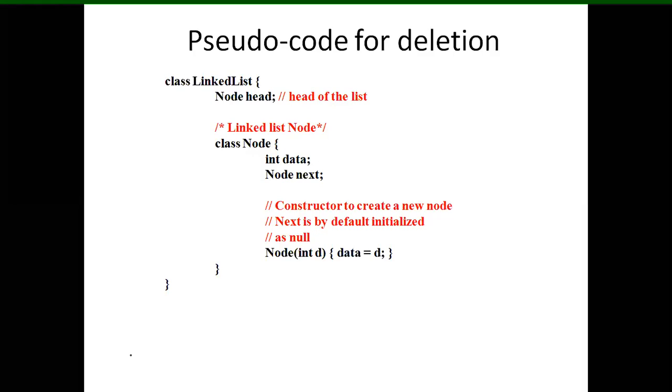For example, if you create a second node, you can add data 2 to the second node. The first node is present with the value 1, and another node is present with the value 2. The name of the first node is node 1, and the name of the second node is node 2. Node 1 dot next is equals to node 2.